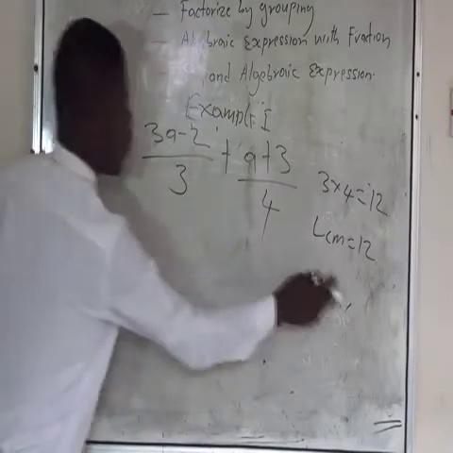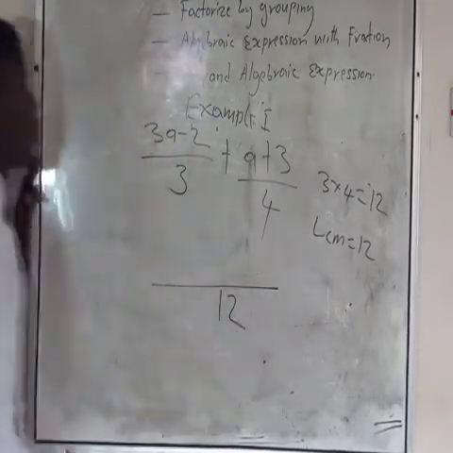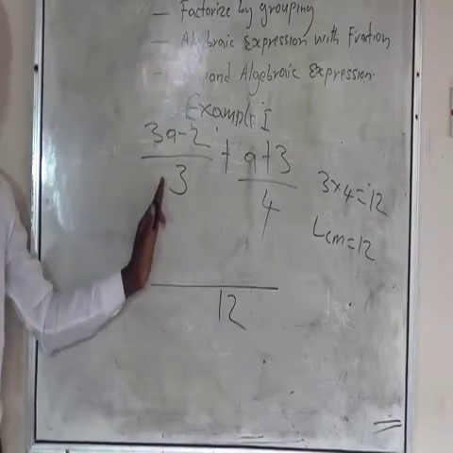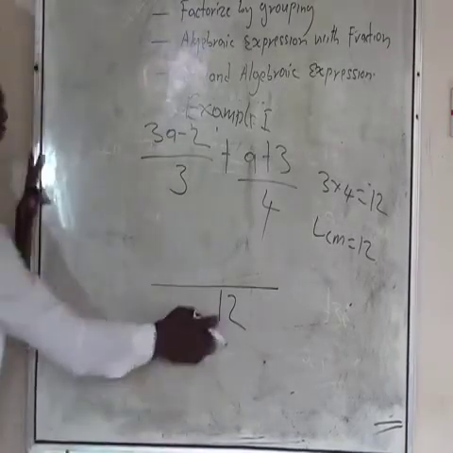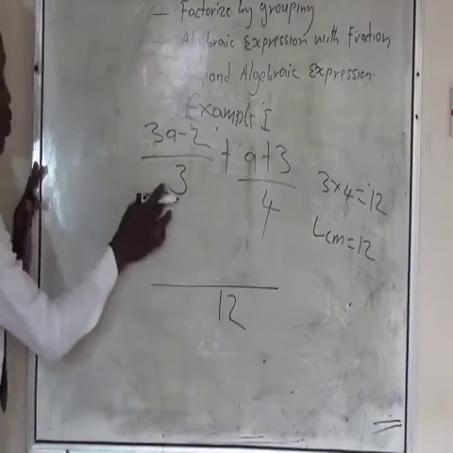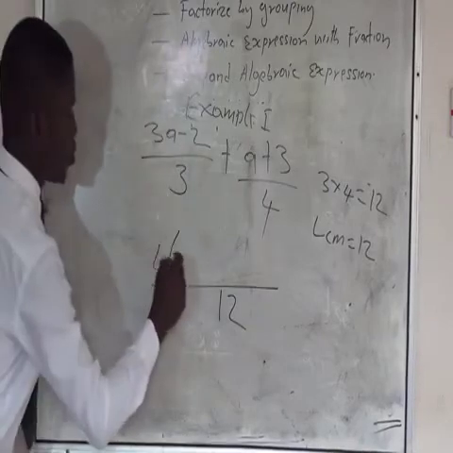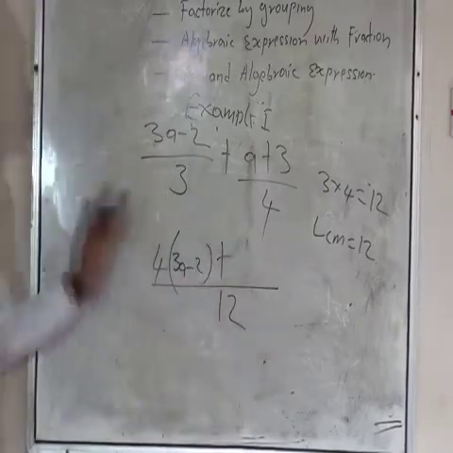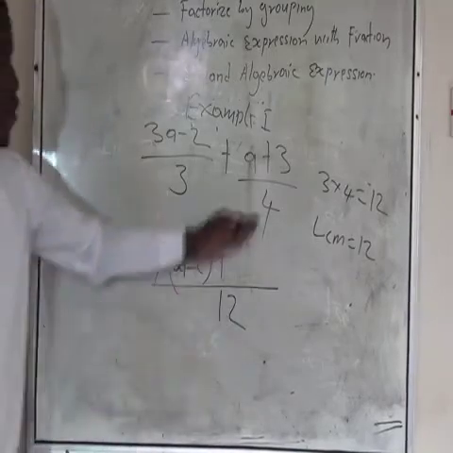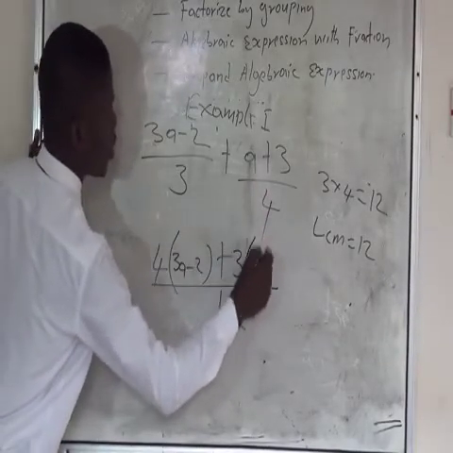Then our LCM will turn out to be our new denominator. We use the old denominator to divide the new denominator. So 12 divided by 3 will give me 4 times the numerator, plus 12 divided by 4 will give me 3 times the numerator.